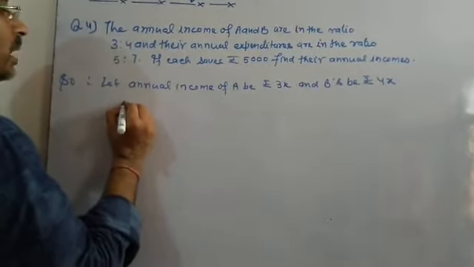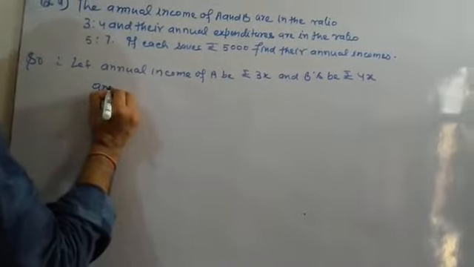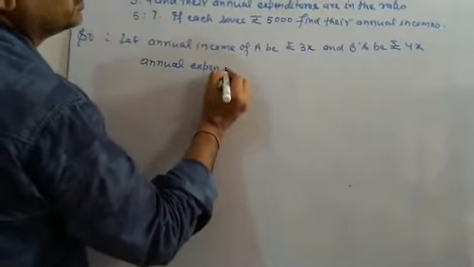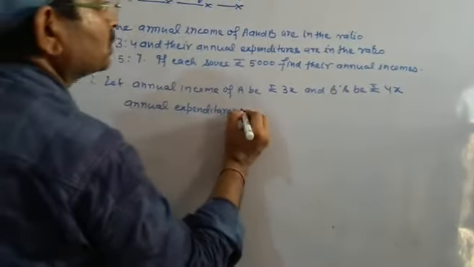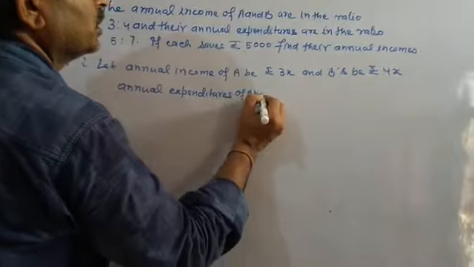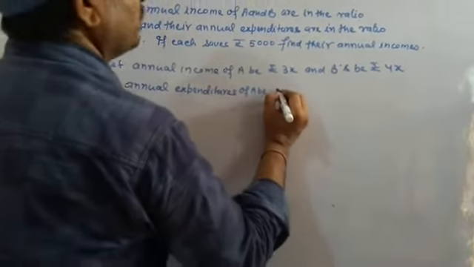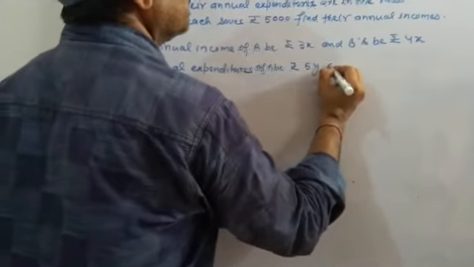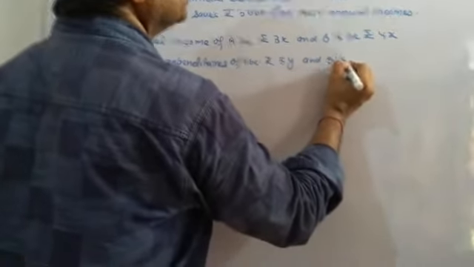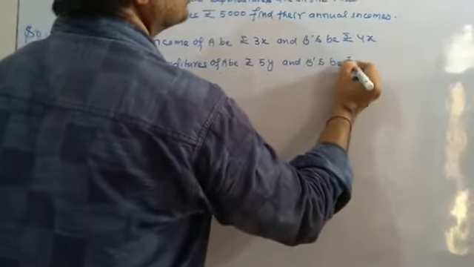The annual expenditure of A is rupees 5y and B rupees 7y.